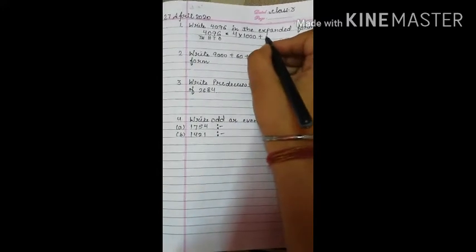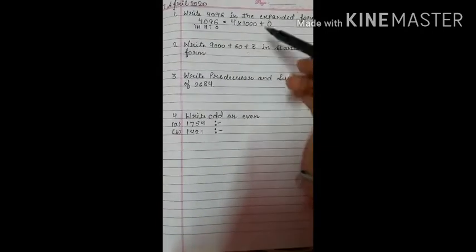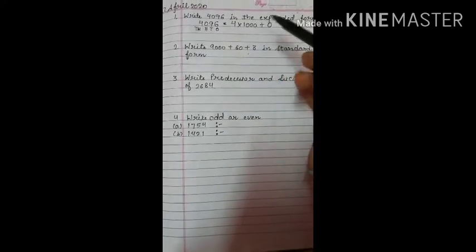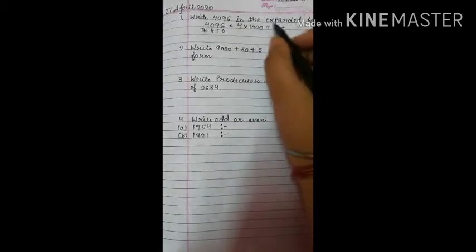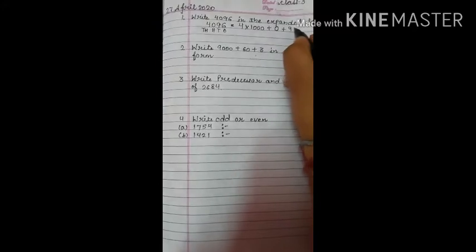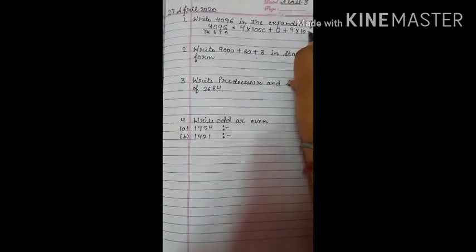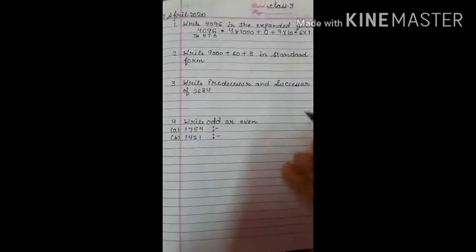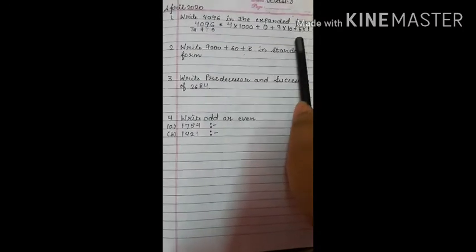plus 0, because as you know, the place value of 0 is always 0. So if I multiply it with its place, means hundreds, then also my answer will be 0. After this I have 9 which is at the tens place, so 9 multiplied by 10, plus 6 multiplied by 1, because 6 is at the ones place.